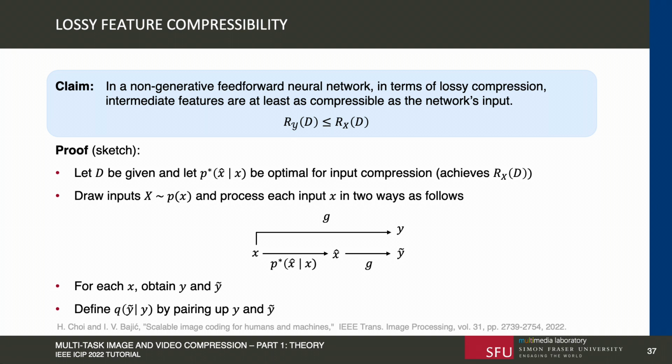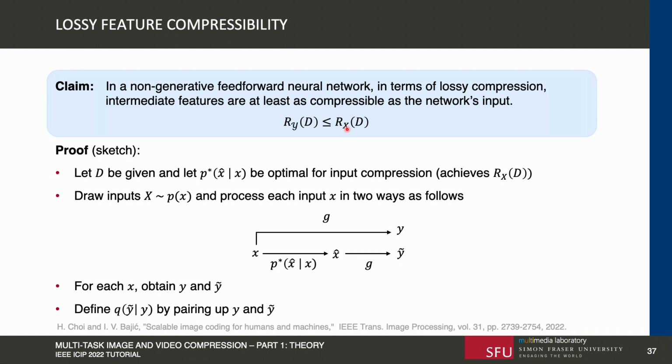And the way we formally state that is to say that the rate distortion function at y is always below or at the most equal to the rate distortion function at x, where we keep in mind that distortion is measured at the network's output, whereas the rate or the bits are measured at y and x respectively.